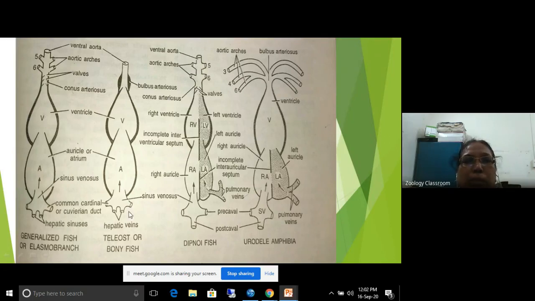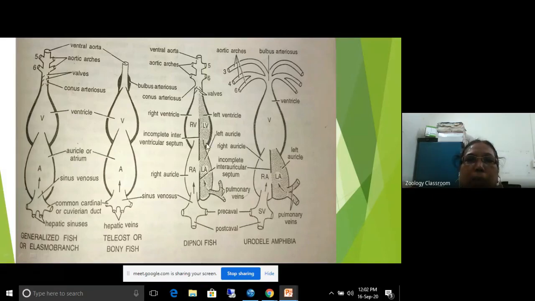So in scoliodon, in bony fish, the sinus venosus opens directly into the auricle on the posterior side. But in the dipnoi fish, there is a formation of lung and pulmonary circulation. Blood is purified in the lung, and this purified blood is transferred through the pulmonary vein into the left auricle, then towards the left ventricle, and carried via the conus arteriosus to the ventral aorta.